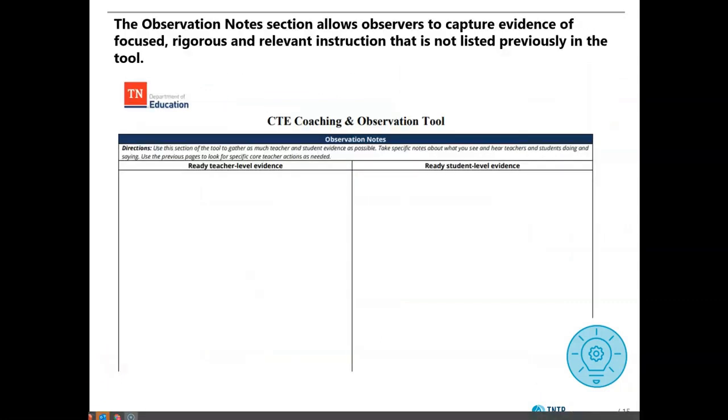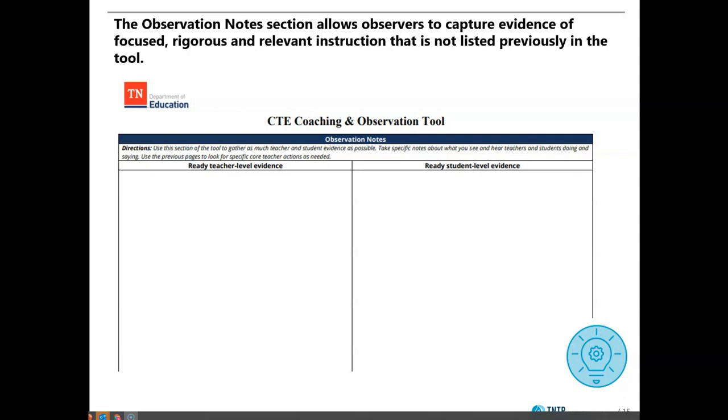The final page in the coaching and observation tool is the notes section. As I said earlier, there's no way to have an exhaustive list so that you can go through and check all of the things that you see.